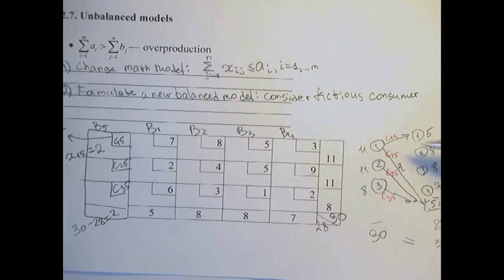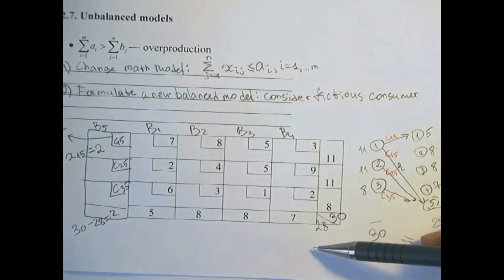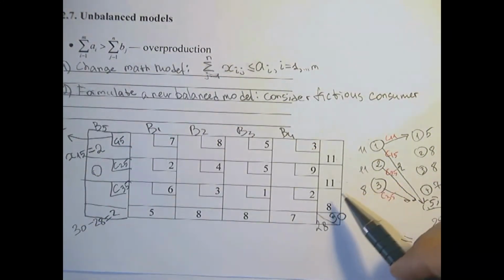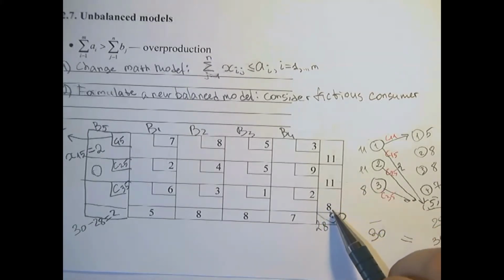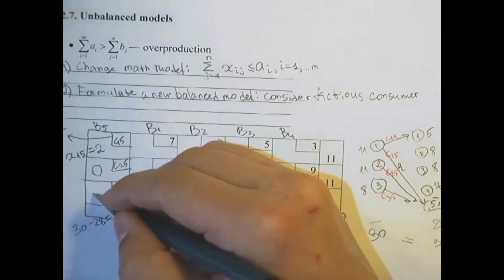After optimization, we take all the volumes from the second supplier and deliver them to real customers, and that's 0 here. And we take all 8 chocoboxes from the third supplier and deliver them to the real customers.